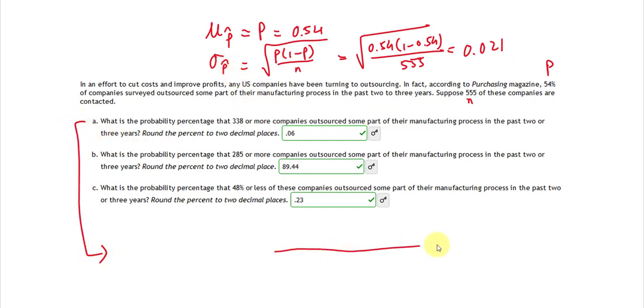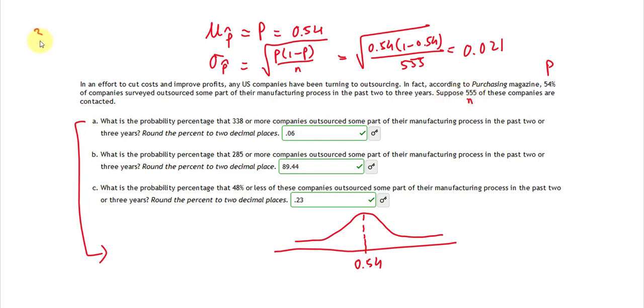Let's do part A. Again, we can draw the normal curve. The mean is the value here, 0.54. Now they are looking for the probability that 338 or more companies outsourced some parts of the manufacturing process in the past 2 to 3 years. We have the sample of 555, and we are looking for 338 out of 555.